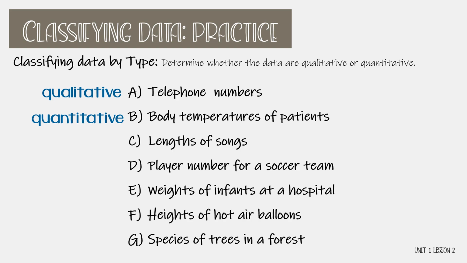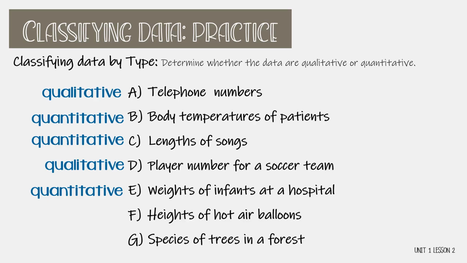Lengths of songs is quantitative, but the number for each player on a soccer team, that's just kind of their ID. That is qualitative. Weights of infants at the hospital, numerical, so that's quantitative. Heights of hot air balloons is quantitative, but species of trees is qualitative.